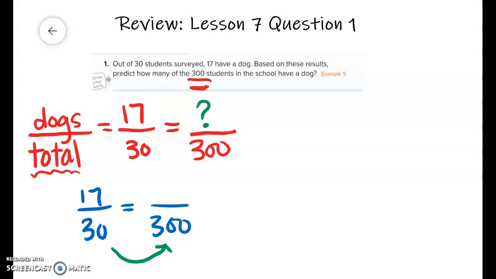But what I know is that 30 times 10 is 300. So in order to keep these equivalent, which really is proportional, then I have to multiply this by 10 as well. And so 17 times 10 is 170.